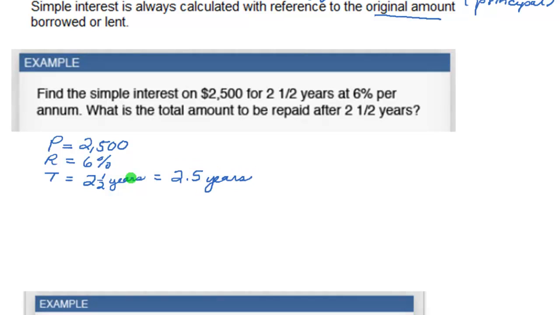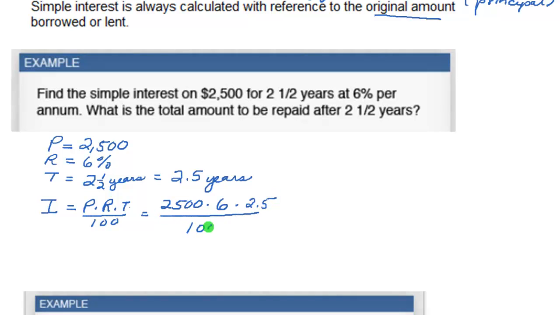Okay, so first we're going to calculate how much interest was earned. And the interest is the principal times the rate times the time divided by 100, right? So that's 2,500 times 6 times 2.5 divided by 100.